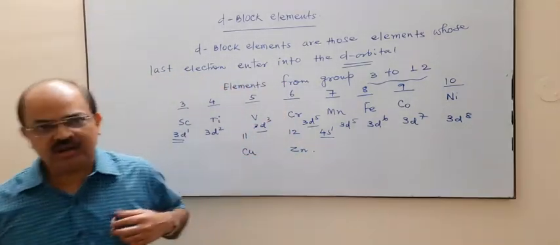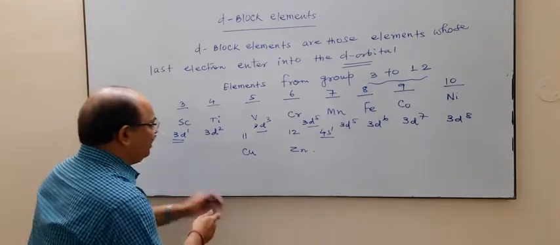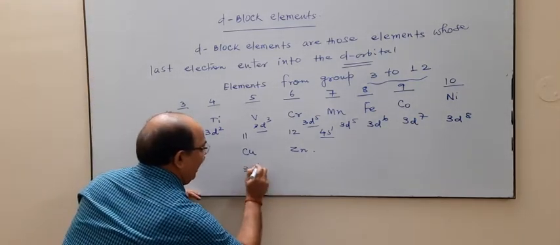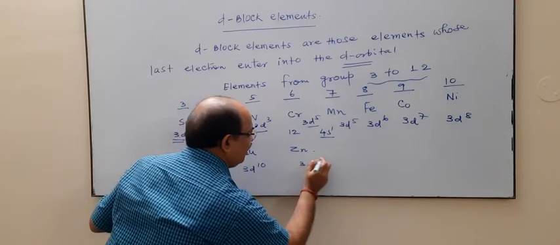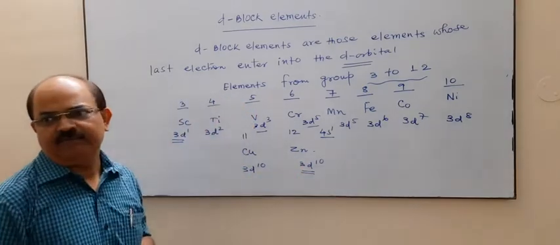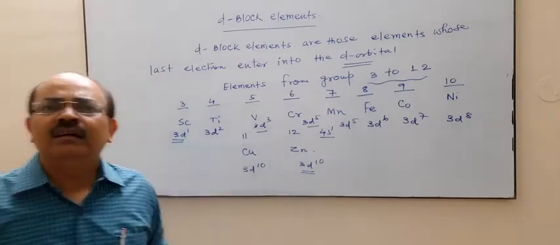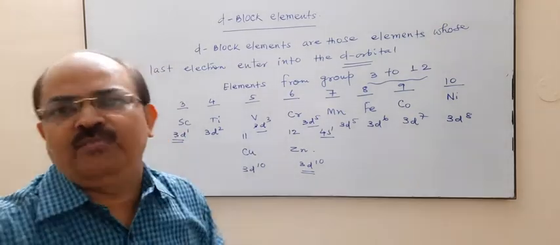Copper is in the 11th group, it is 3d10. And zinc is in the 12th group, it is also 3d10. So these are the members of the d block.